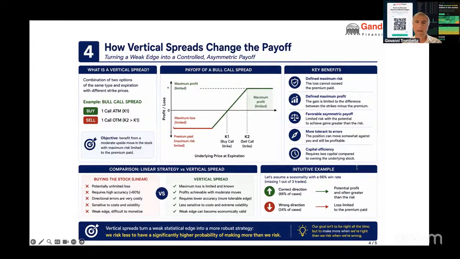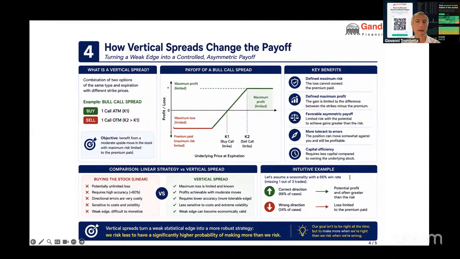First, capital requirements are lower than buying the stock outright. The payoff becomes asymmetric, so we can potentially make more than we risk. So the risk-reward ratio would be quite different from buying the stock directly. And most importantly, the strategy becomes more tolerant to forecasting errors.